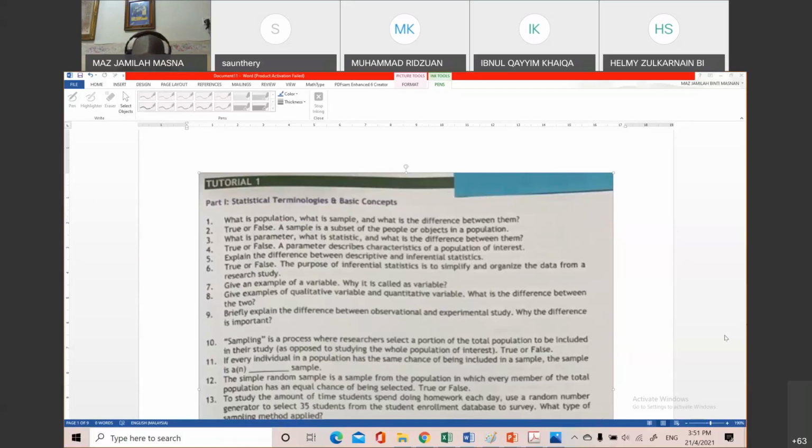What about sample? What is sample? A subset of population. Yes, it's a subset of your population. It's a subset of objects, subjects, or things inside the population. What is the difference between population and sample?